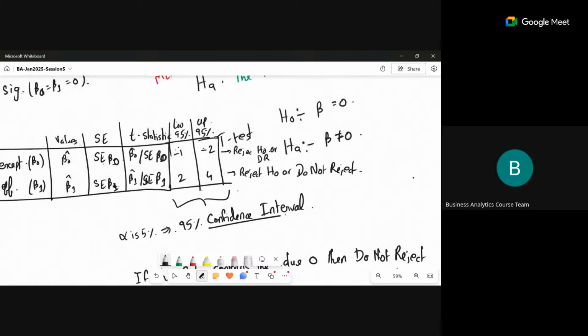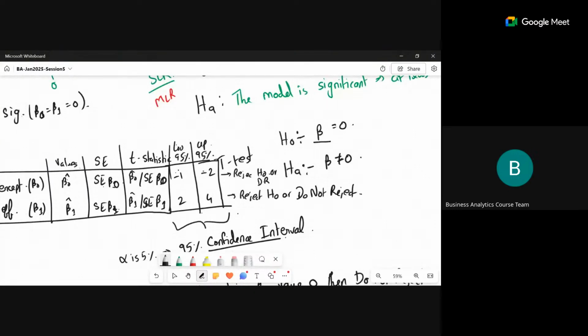Why? Because you are making the assumption that beta is equal to 0 and doing all the computations.